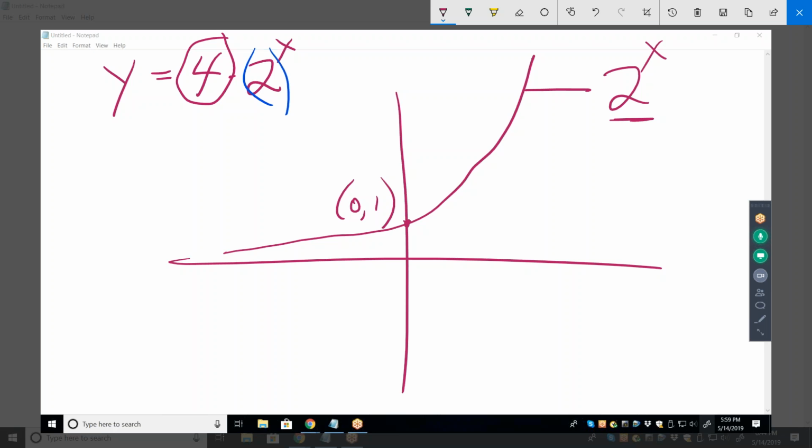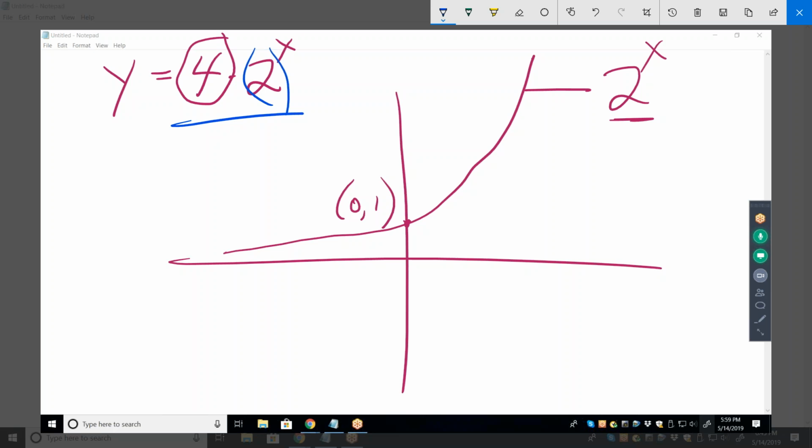Right? So what a vertical stretch means is that every point on my new curve, the blue curve, is going to be 4 times further away from the x-axis than my red curve.